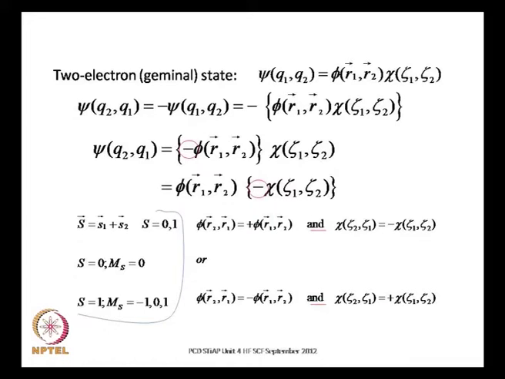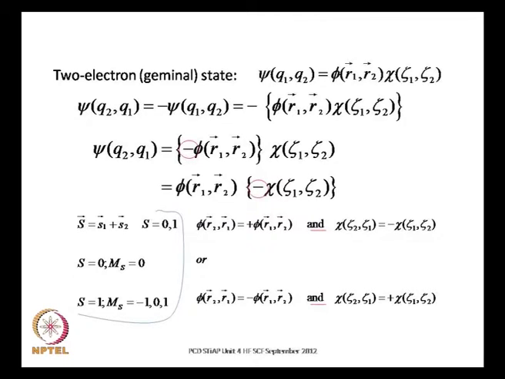So, there are 2 possibilities, S being either 0 or 1, and if S is 0, the corresponding m quantum number can be only 0, whereas if S is 1, the corresponding m quantum number will be either minus 1, 0 or 1, because m quantum number goes from minus j to plus j, and j itself goes from modulus of j1 minus j2 to j1 plus j2. So, that is all we have used here.